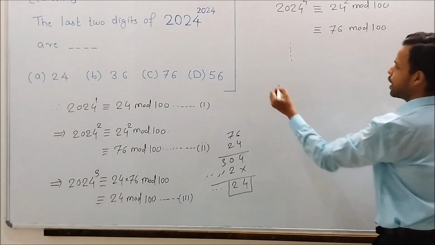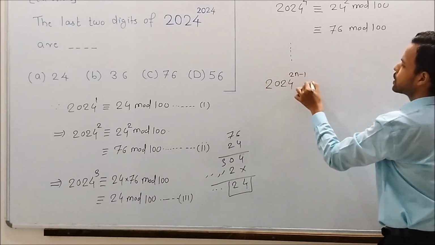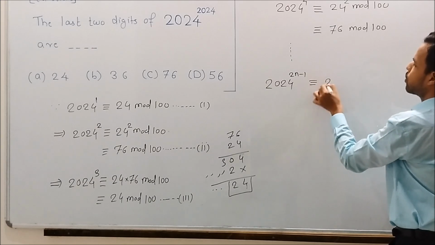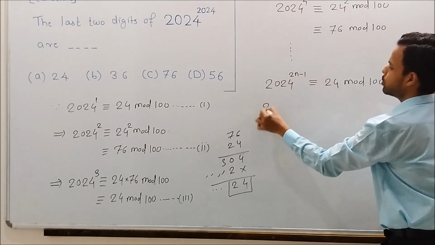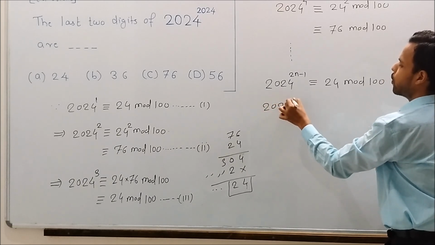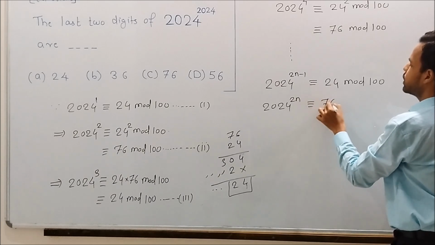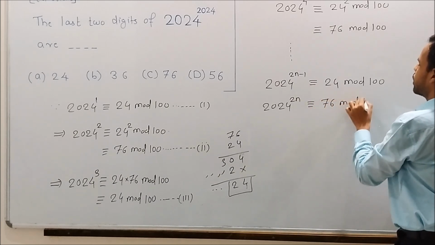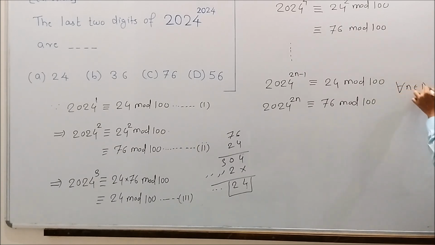Thus in general we have 2024 to the power 2n minus 1 congruent to 24 mod 100, and 2024 to the power 2n congruent to 76 modulo 100, and this holds for every n belonging to the natural numbers.